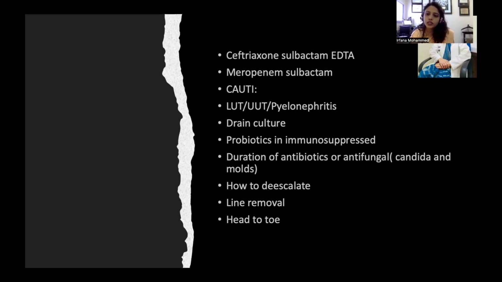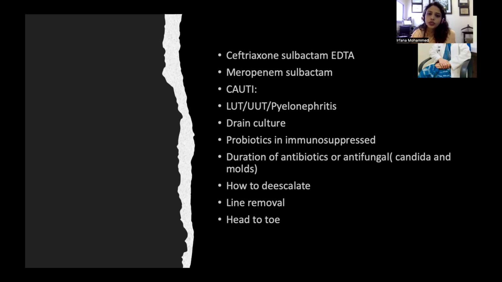If you think of Acinetobacter, maybe we are giving the sulbactam for Acinetobacter. The dose of sulbactam which needs to be given in Acinetobacter is 9 to 12 grams per day, which is the required dose for Acinetobacter in a patient with normal creatinine. But here meropenem-sulbactam contains 500 milligrams.